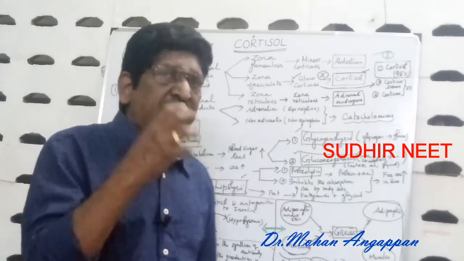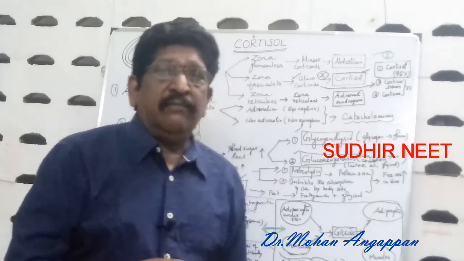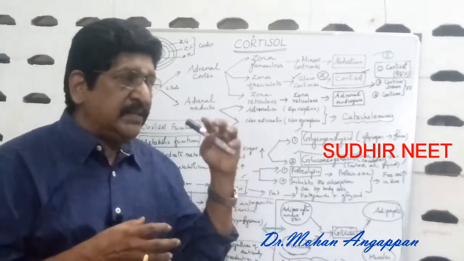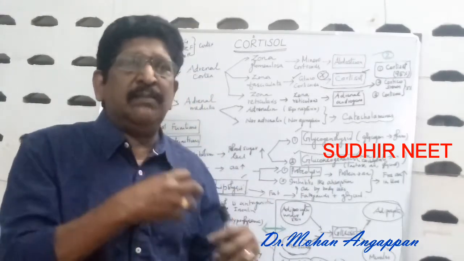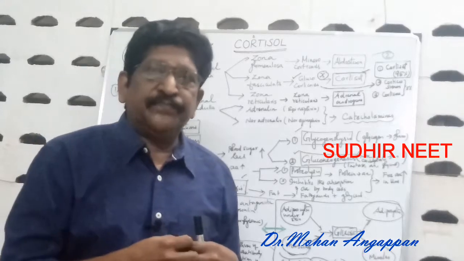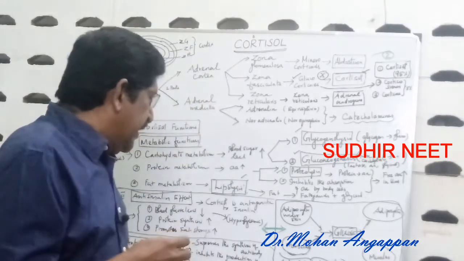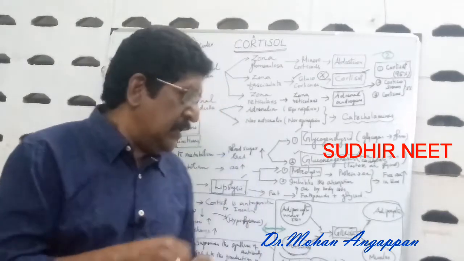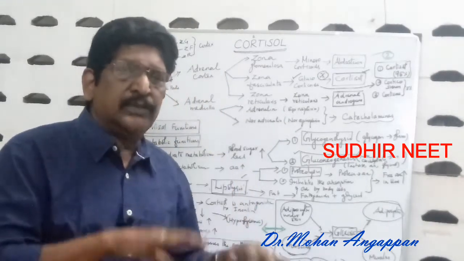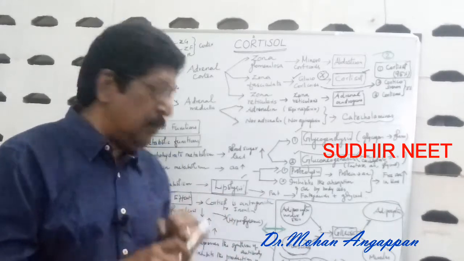So actually, when inflammation takes place, when there is an injury, the WBC acts upon the bodies to produce antibodies, and then only the inflammation occurs. This cortisol retards the phagocytic activity of the WBC, and so the inflammation is reduced. Anti-inflammatory in action, number one.